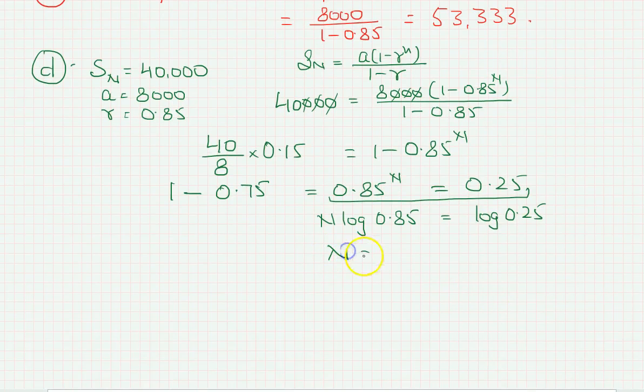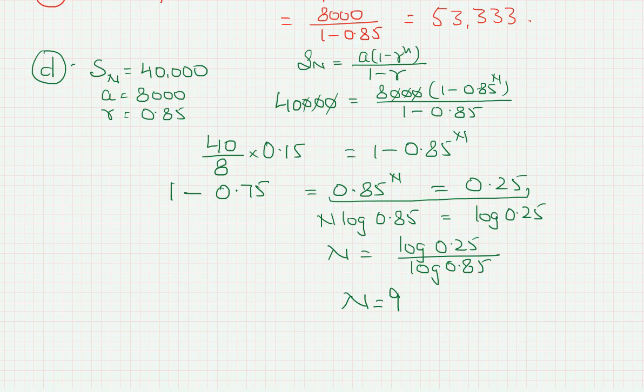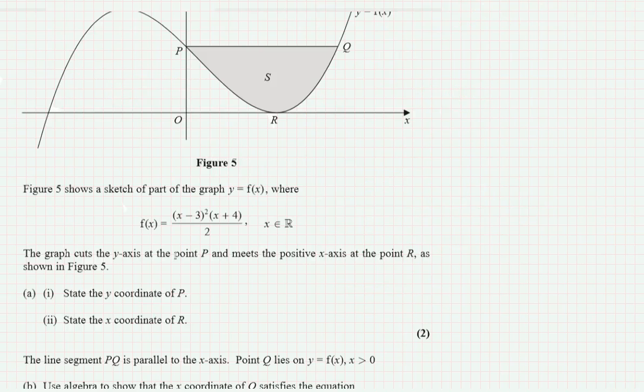So n will be, we divide it, log 0.25 over log 0.85. So n will be 9. So it is going to take 9 years to mine 40,000 of the said mineral. That was the answer of part B.